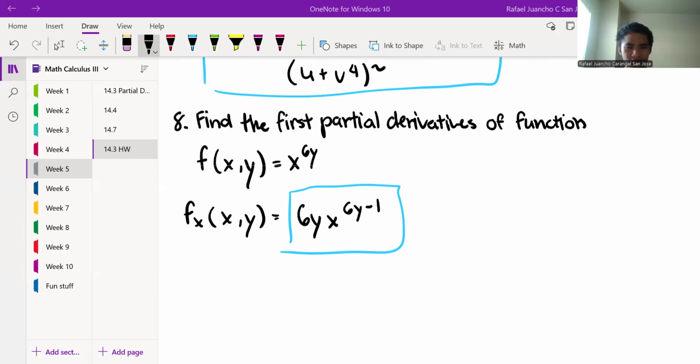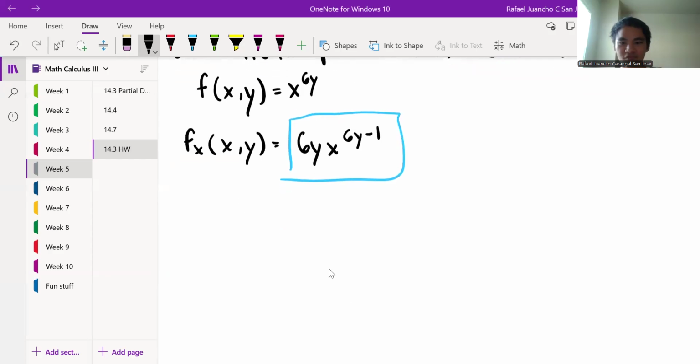Okay, got it. And then for my f sub y, it's one of these things that's gonna make me suffer. Well, now here I treat my x as a number. And so what happens if x is a number and my y is a variable? What's that gonna be actually?